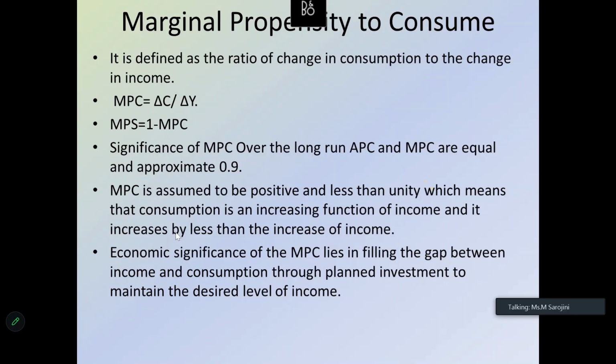Here, the MPC is assumed to be positive and less than unity. Therefore, MPC is always positive and also less than unity. The value of the MPC lies between 0 and 1, which means consumption is an increasing function of income, and it increases by less than the increase of income.